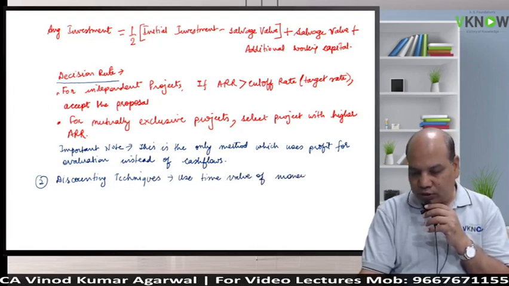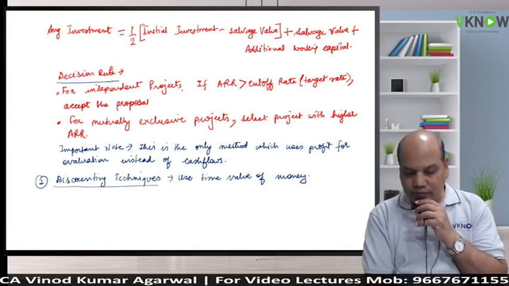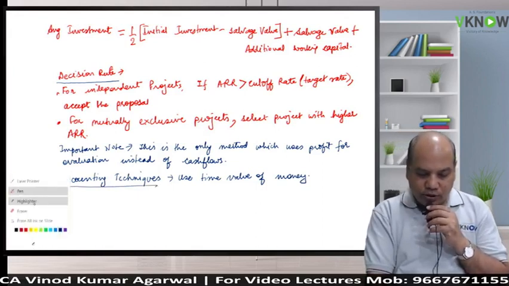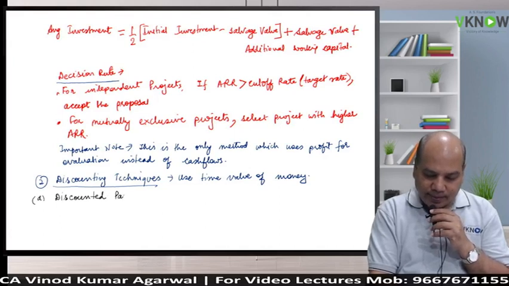They use time value of money. Hence, they are called discounting technique. Now, under that, one by one, we'll discuss. A, write down discounted payback period.